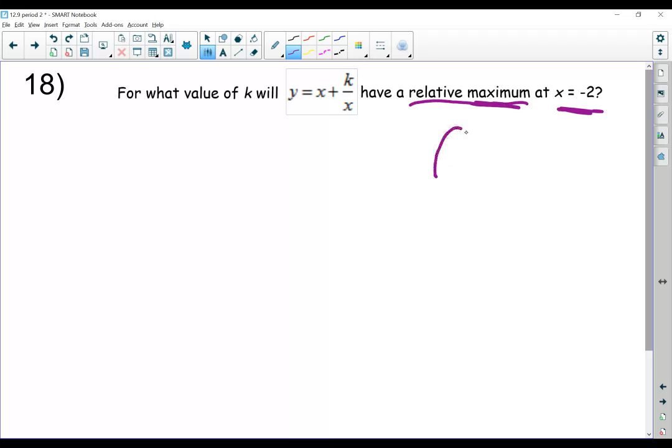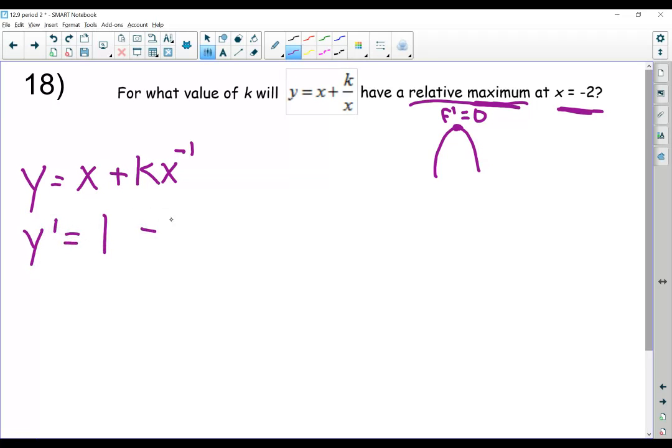Well, it means the function is going to look like this, and at that relative maximum, the slope is 0. So I'm going to use that fact that I know the slope is 0 to figure out what k needs to be. So if I have my function here, and I'm going to go ahead and bring that x out, and I take the derivative, I know that if I plug in -2 into this function, I should get out 0.